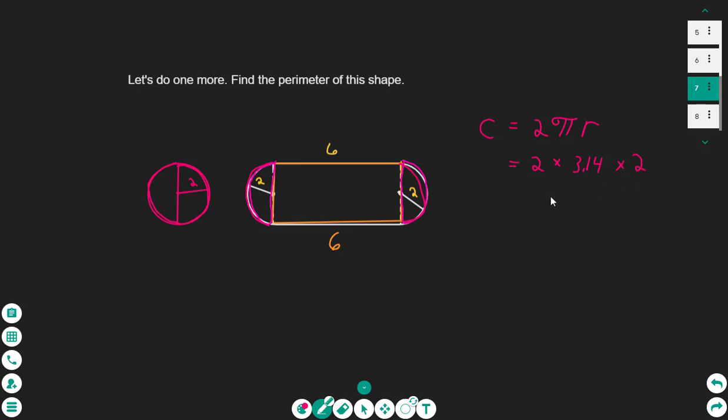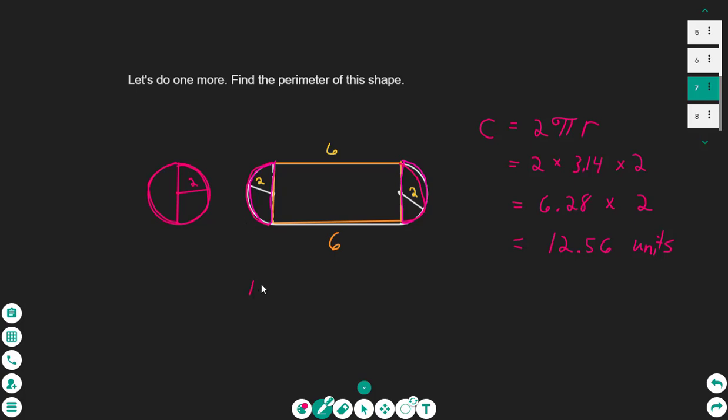And we'll just do this together, I guess. 2 times 3.14, you might be able to do that in your head. That's 6.28. I think this is what we had last time, actually. And 6.28 times 2 is equal to 12.56 if you do the math on that. All right, so we end up with 12.56 units. Now this is just the perimeter, the circumference of these curved lines.